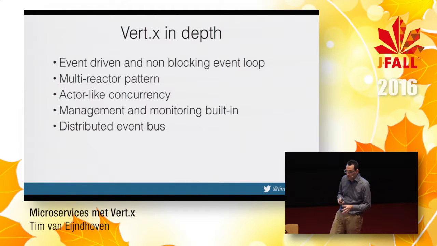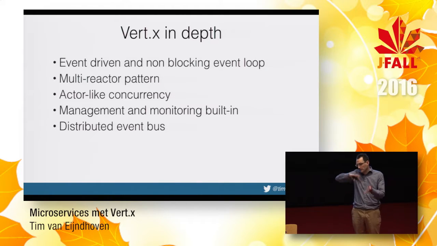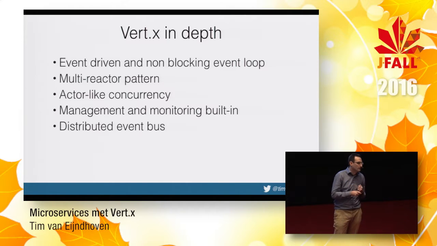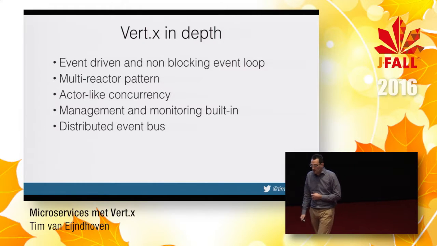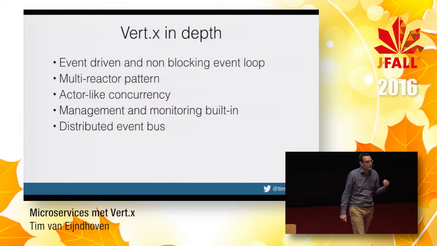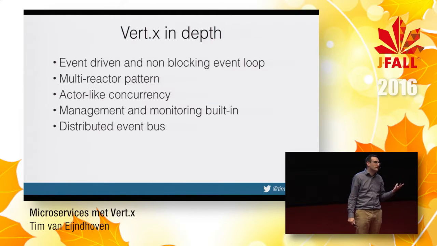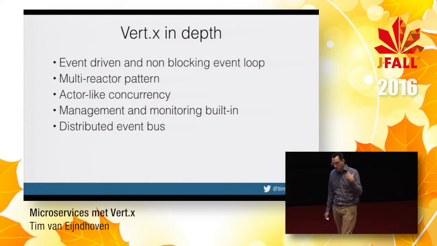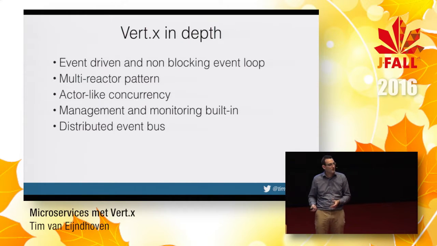And actually, it does some magic behind the scenes so that whenever you receive your asynchronous result back, it will try to process that on the same thread as well. So there's all sorts of magic underneath. But the bottom line is that as a programmer, you do not need to worry about your concurrency. I mean, of course, you can still break it, but in all the basic code that you write, you do not need to worry about locking and synchronizing methods. Vert.x takes care of it.